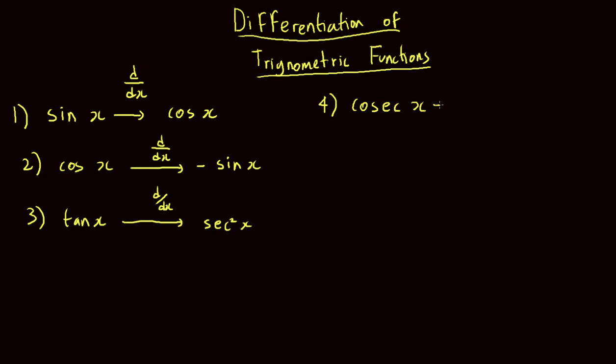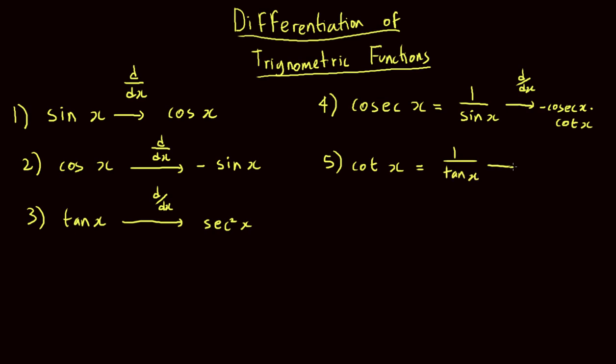The derivative of it, d dx of cosec x, would be negative cosec x times cot x, cotangent of x, okay? And the cotangent of x, cot x, is basically 1 over tan x, and the derivative of cotangent of x would be negative cosec squared x, all right?